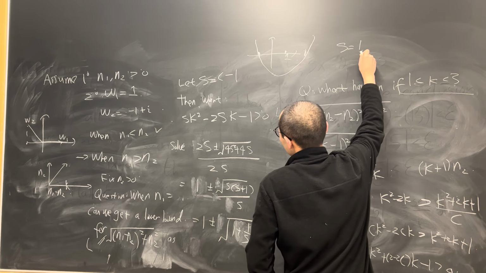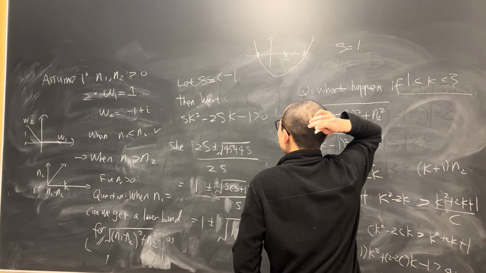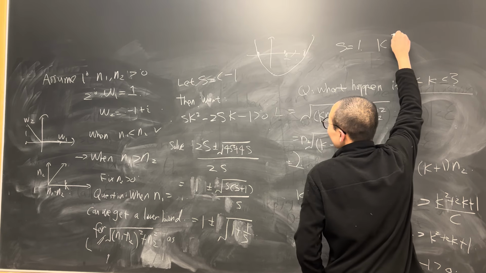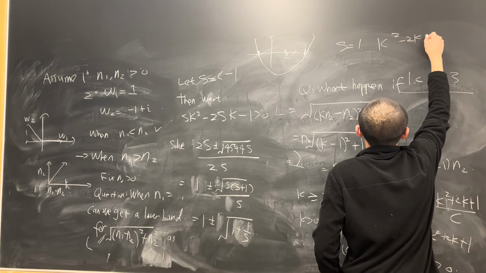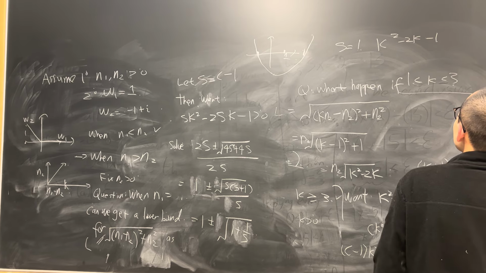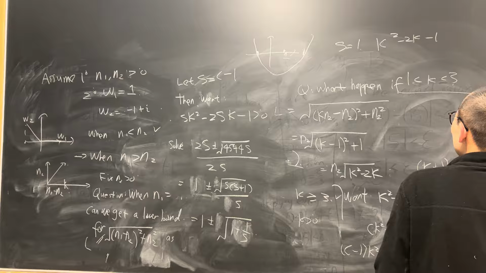Okay, so we have k squared minus 2k minus 1. If you plug in 1, then it's less than 0.